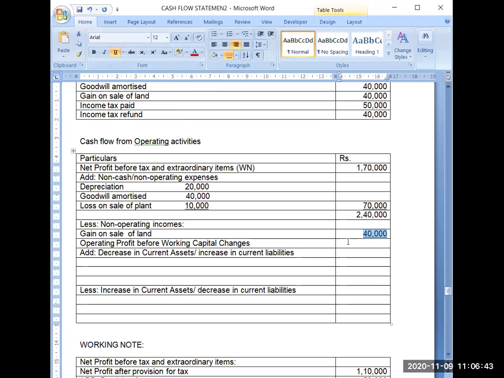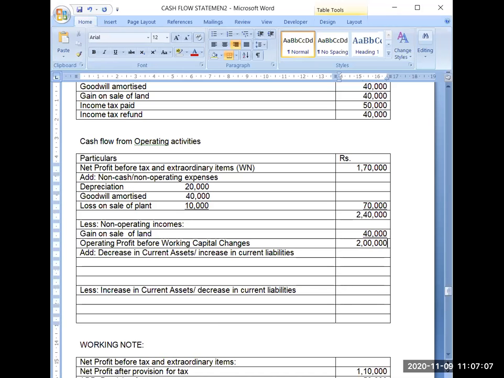So now after adding and subtracting these non-operating and non-cash items, I will get my cash operating profit. So that will be now 2 lakh. So my cash operating profit is 2 lakh. So this is the second step.